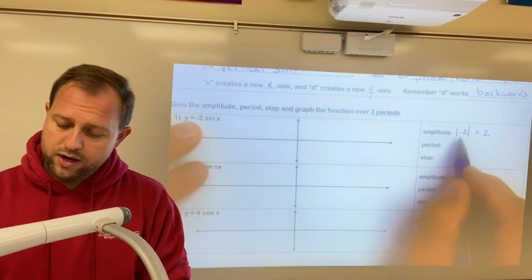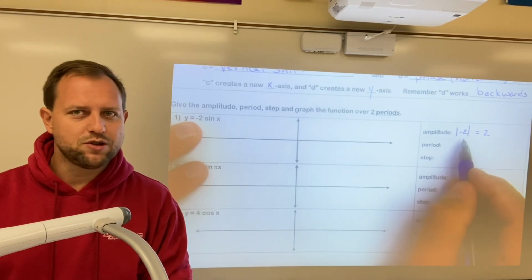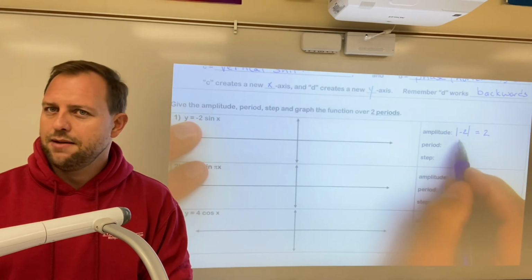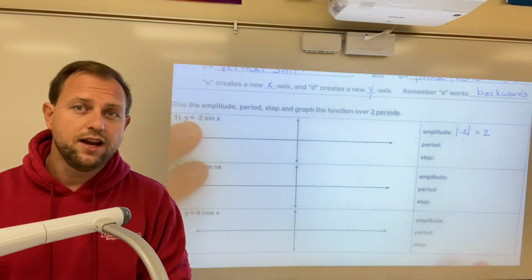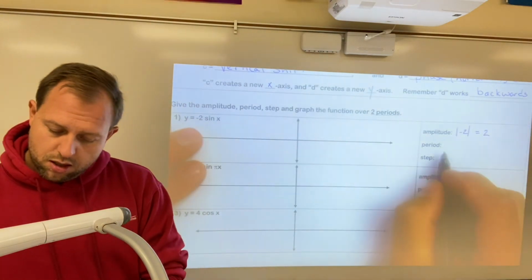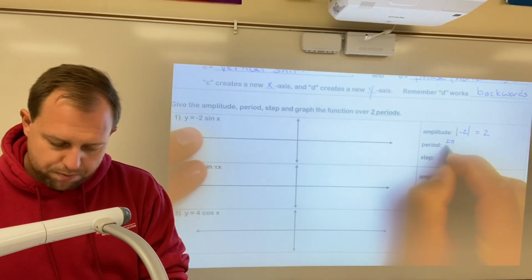So I always write all this out, even though I can do it in my head just as well as you can. The absolute value of -2 is 2, but that data piece is important, and I can go back to my little summary to find all the pieces I need for graphing. The period is 2 pi over b.